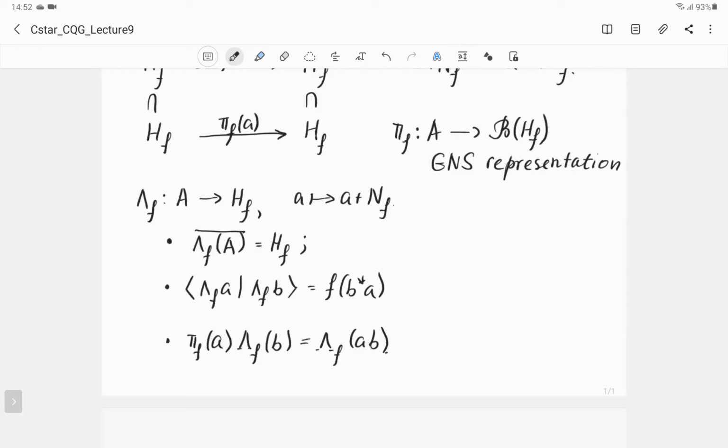But it turns out that this map lambda together with the representation pi determines this representation uniquely.